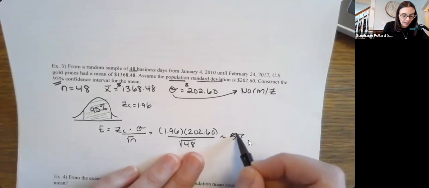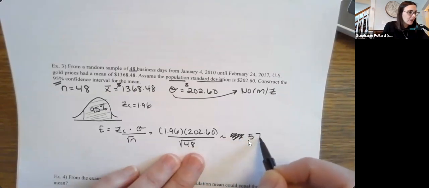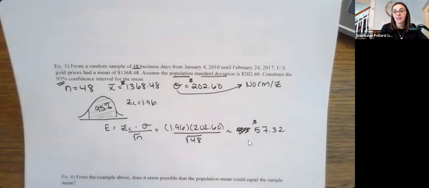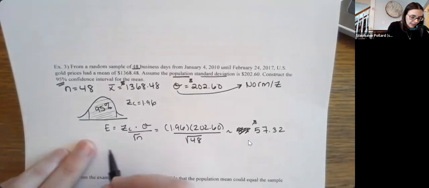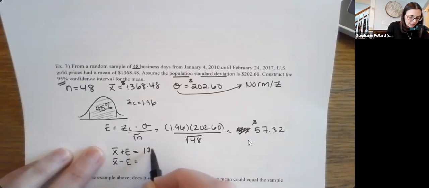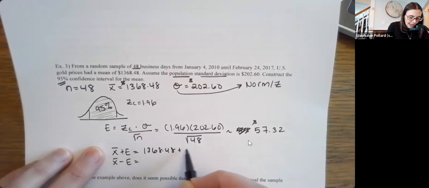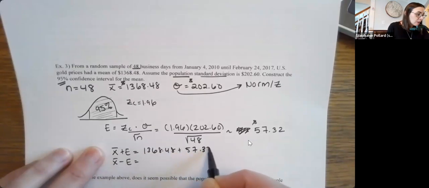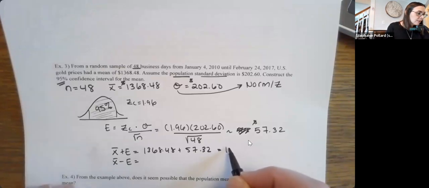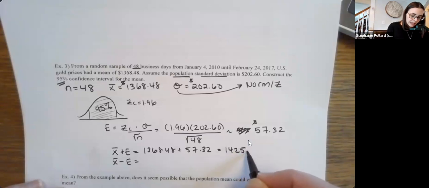So our value here on the calculator is about $57.32. So you do have to do some rounding there, but you get the error of 57.32. So now once we have the error, we're going to take that, we're going to add it with our mean, and we're going to subtract it with our mean. So we're taking 1368.48, adding it with the 57.32. And when you do this, you get 1425.80.